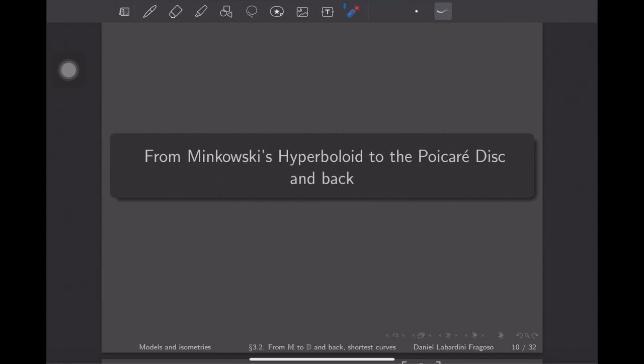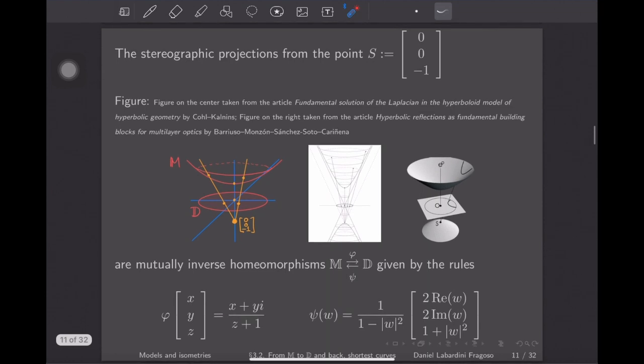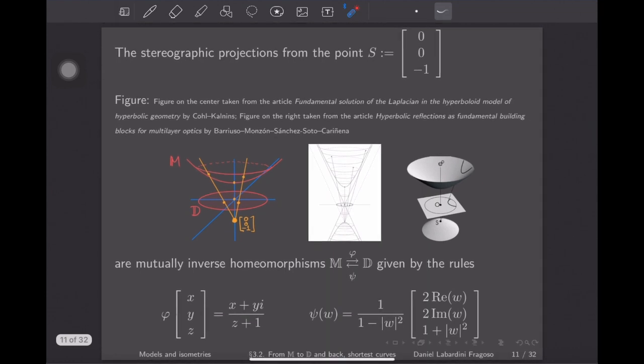So I'm just going to go and come back. That also illustrates what happens in practice: sometimes in some model something is not so easy to prove, so you go to another model.